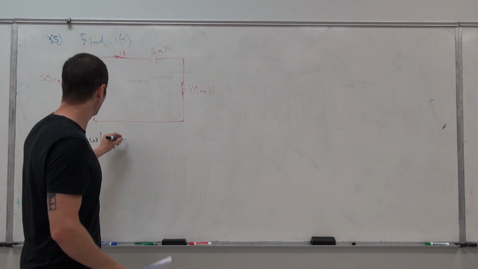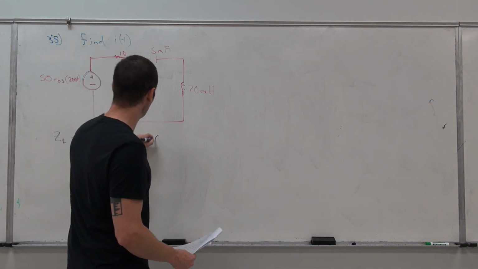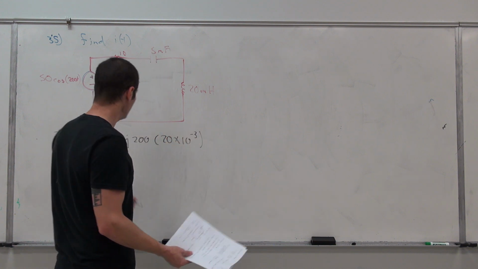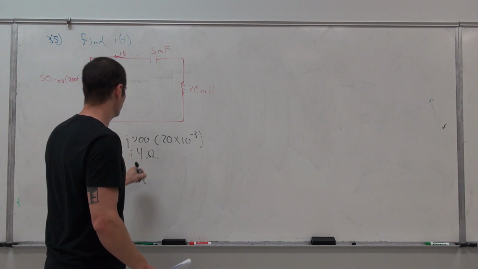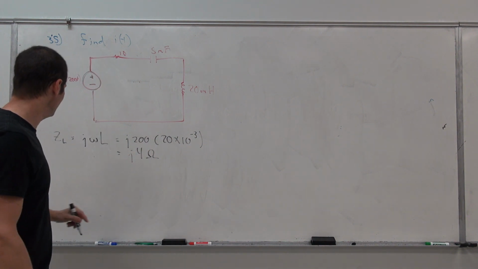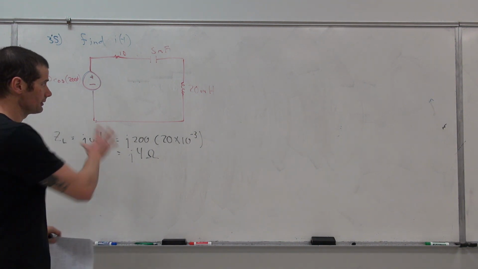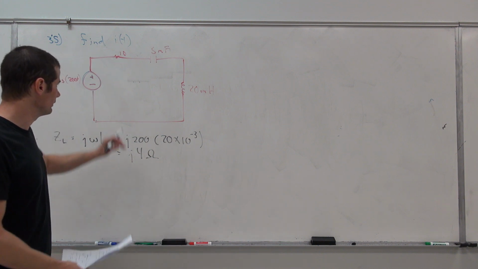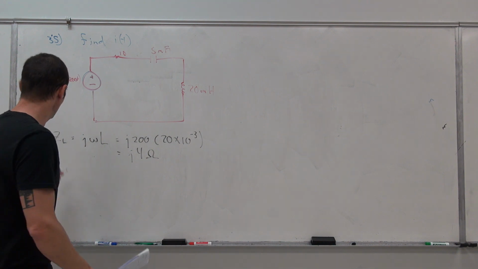So we get j times 200 times 20 times 10 to the negative third, and that value comes out to be j4 ohms. Remember the units for any impedance is ohms, because this is what we're doing to ensure that we can perform these analysis techniques as if everything was DC, but we replace the AC and utilize the complex number.